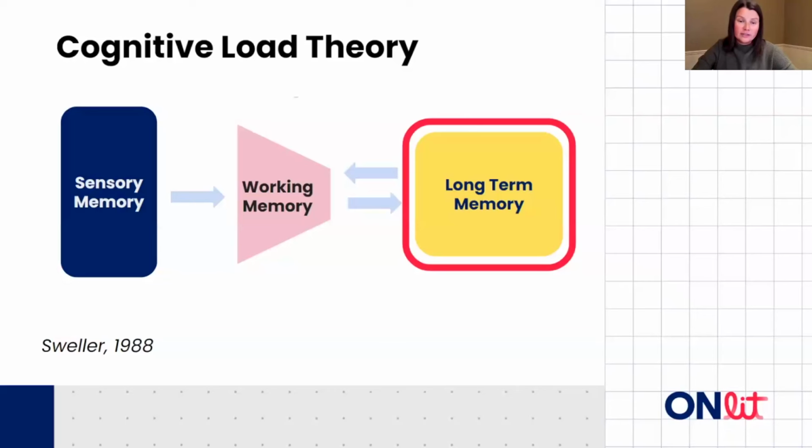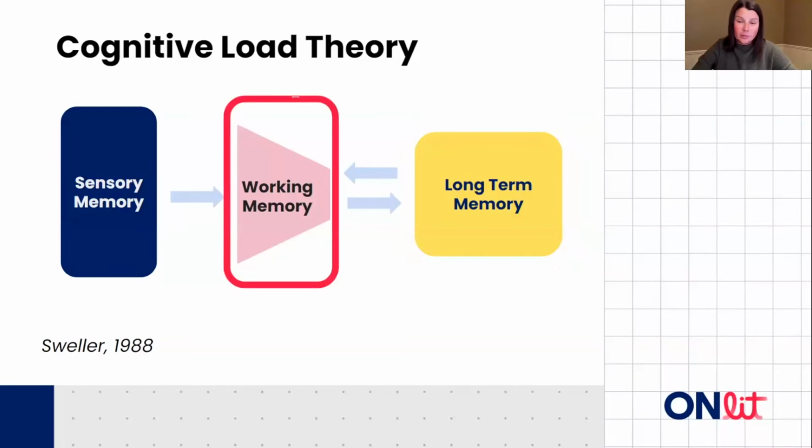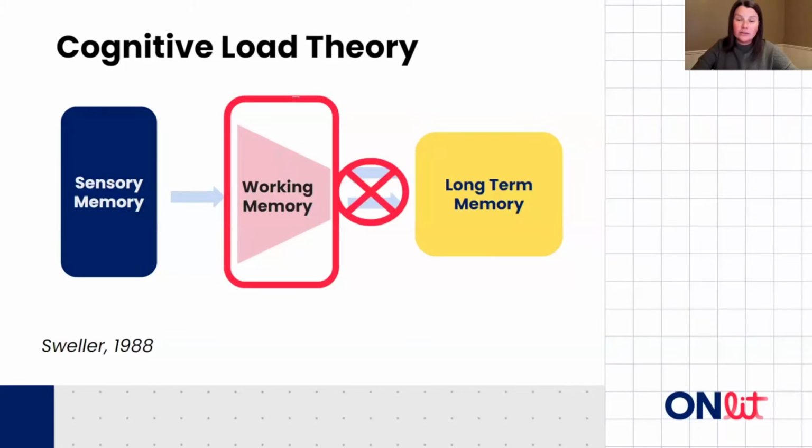In the process, working memory is the bottleneck. It can limit the path of information into long-term memory. Too much load on working memory can prevent information from being stored, causing cognitive overload. Educators can make instructional decisions to reduce or optimize that load and improve student learning.